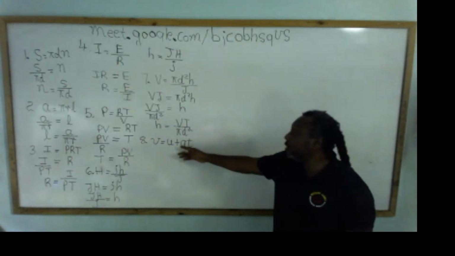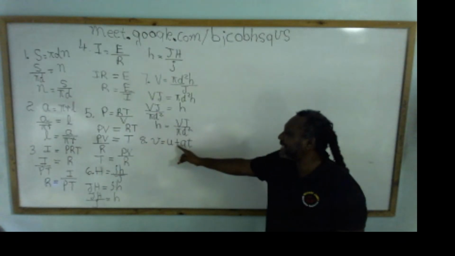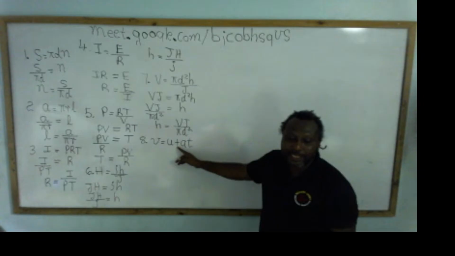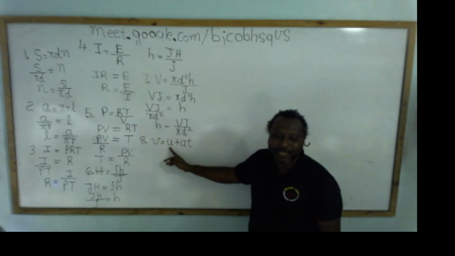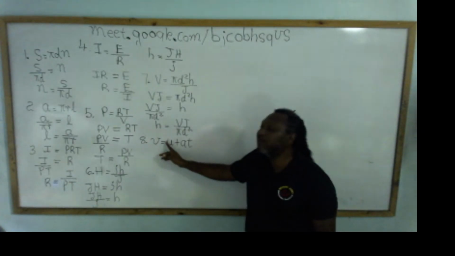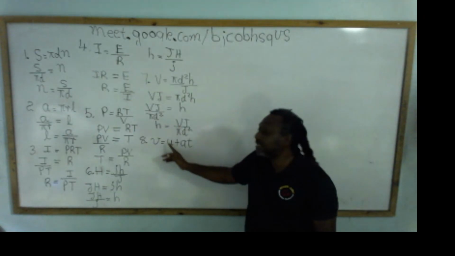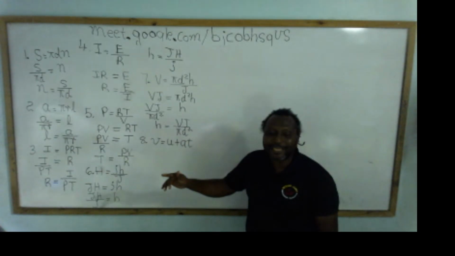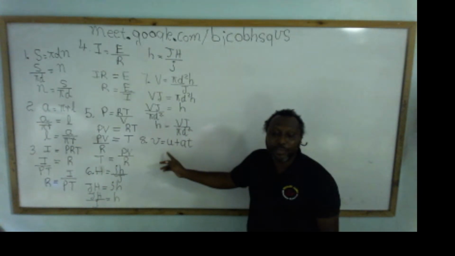The u, of course, this sign is not pertaining to the u. This sign is not pertaining to the u at all. The sign that is pertaining to the u is the one that we do not see. Is the one that is before the u. And you know that when it is not accompanied by the sign, then the sign is a positive sign. So it is a positive u here that we need to eliminate.